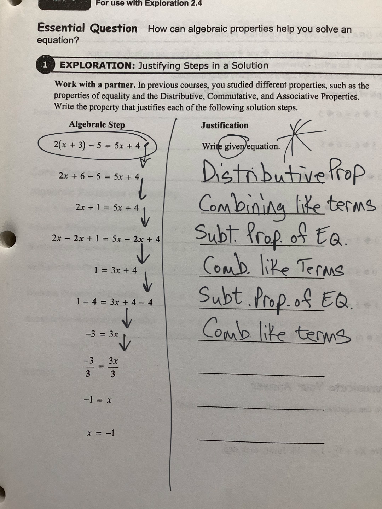Lake. What'd they do in the next step? Divide it, so that would be the division property of equality. And then we'll come back to this here in a minute.